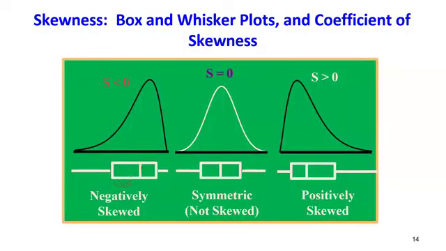This is the visual representation of the data, the box plot, and here I'm showing how the position of the median will tell you whether your data is skewed or not. If it is exactly in the center, it is not skewed, it is symmetric. If it is pulled towards either side, then it is skewed data.